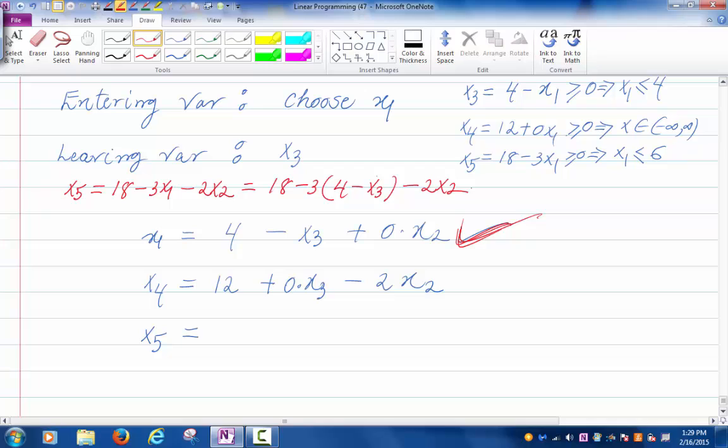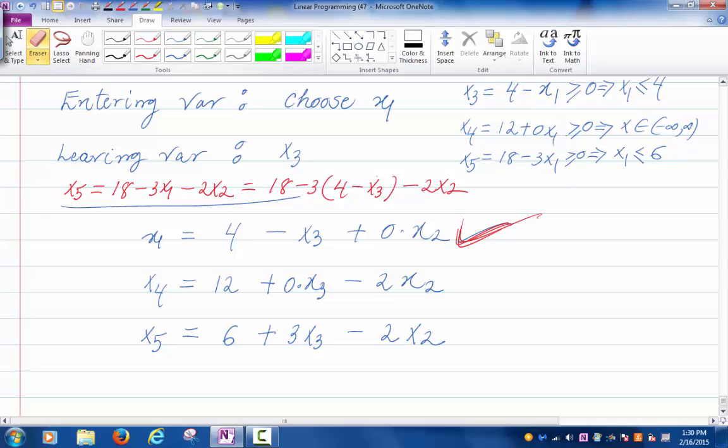And if I plug in x1, I'm going to write the entire thing in terms of x3 and x2. So what do I get? 18 minus 12, right? What is that? What am I getting for x5 then? Yeah, 6. And then am I getting plus 3x3? You agree? And minus 2x2, of course. Is everybody okay?